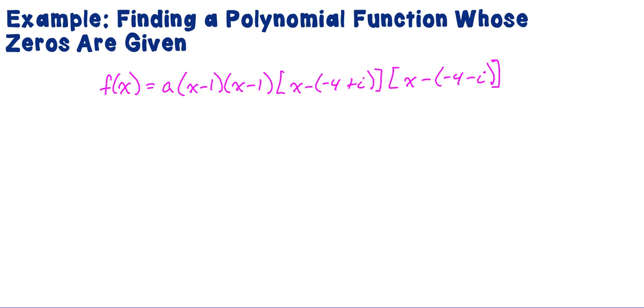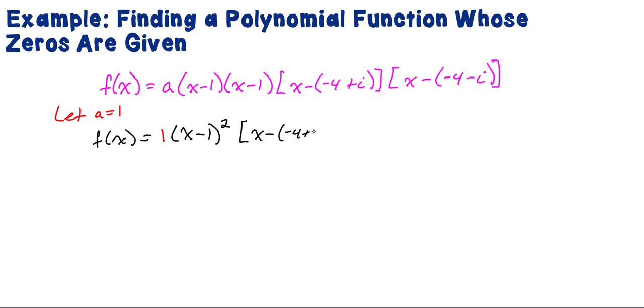So what we're going to do is let a equal 1, and then rewrite this. f of x equals 1 times x minus 1, and I'm just going to go ahead and square this, times x minus negative 4 plus i times x minus negative 4 minus i.